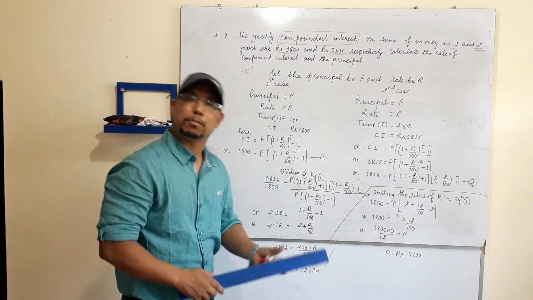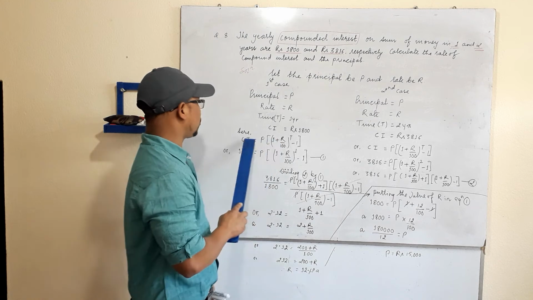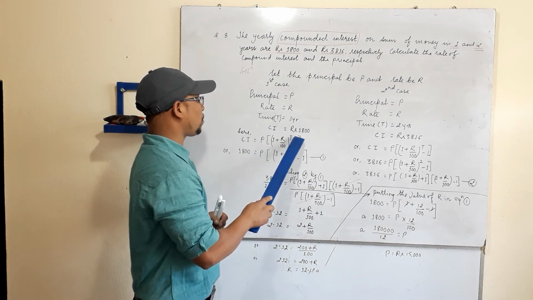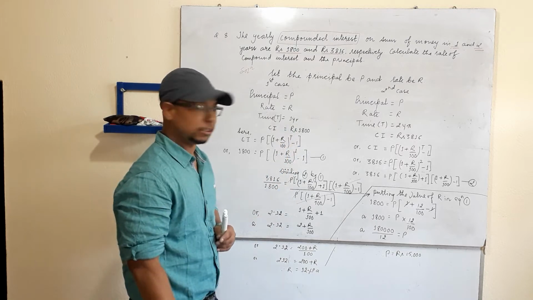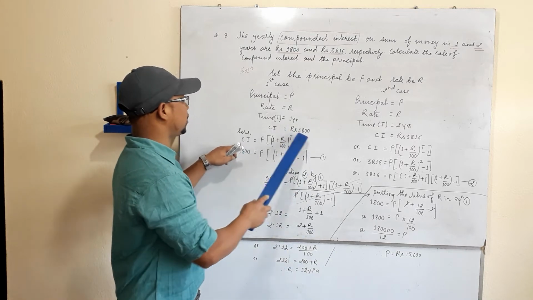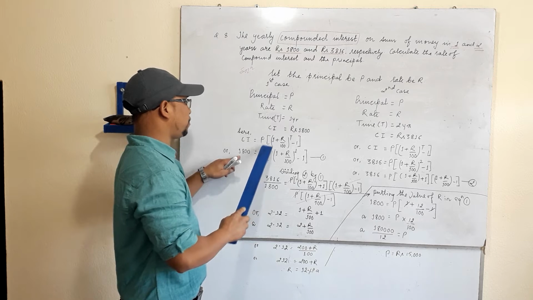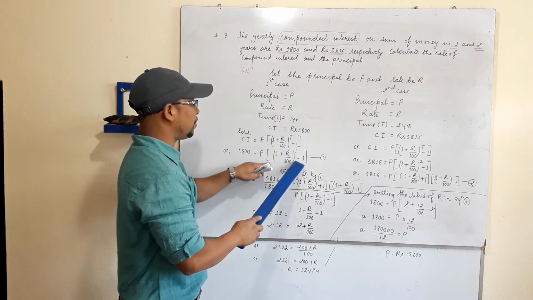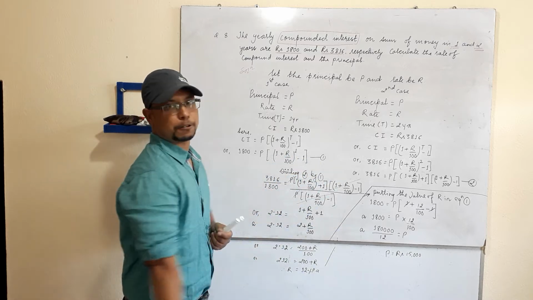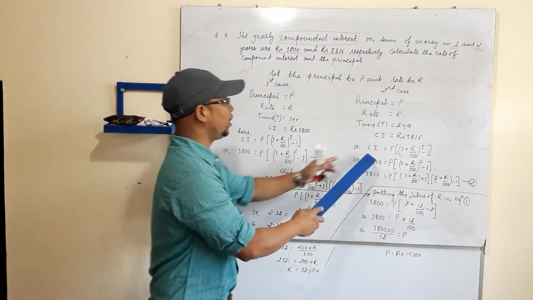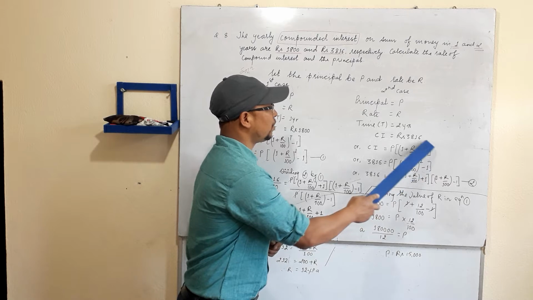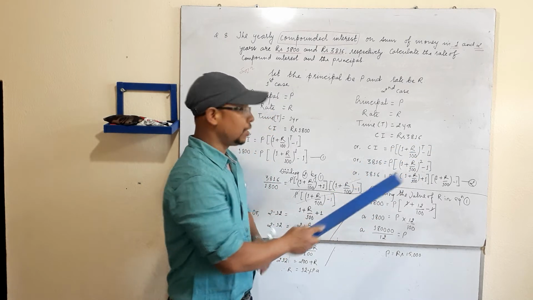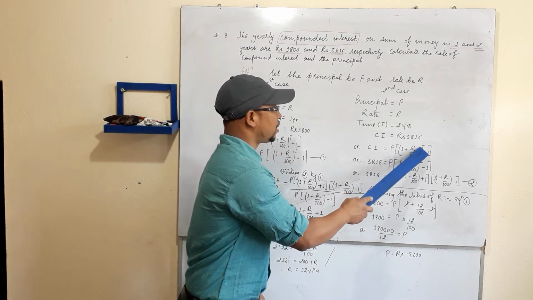Now let's use the compound interest formula here. So compound interest is P[(1 + R/100)^T - 1]. Okay, and here the compound interest is 1800. So P[(1 + R/100)^1 - 1] = 1800, and let it be equation 1. Now similarly, the same formula, and here the compound interest is 3816, and time is 2.